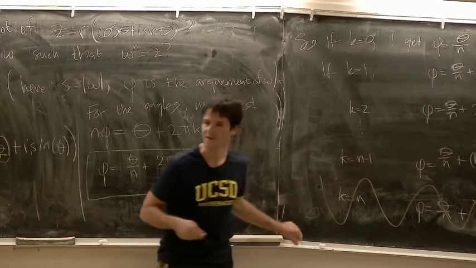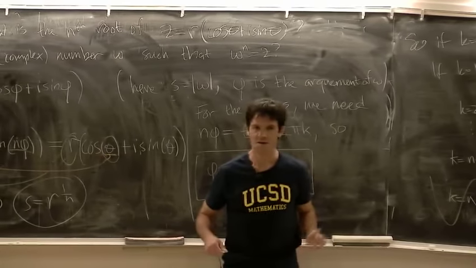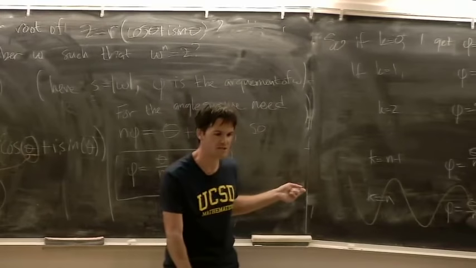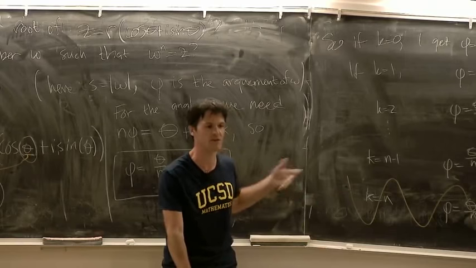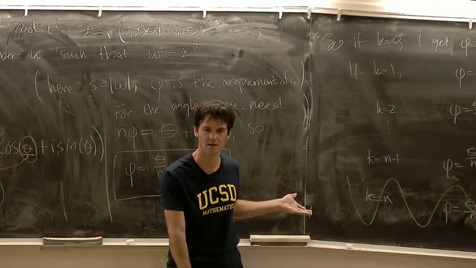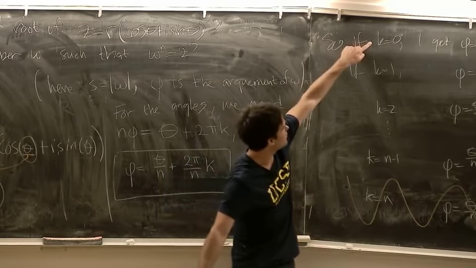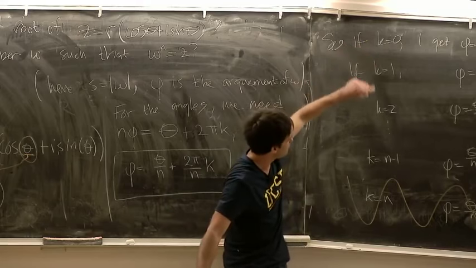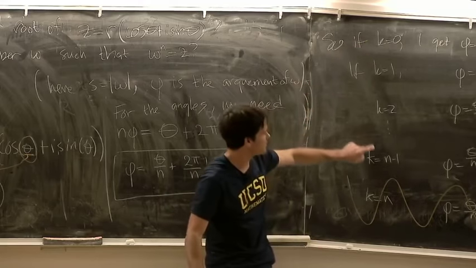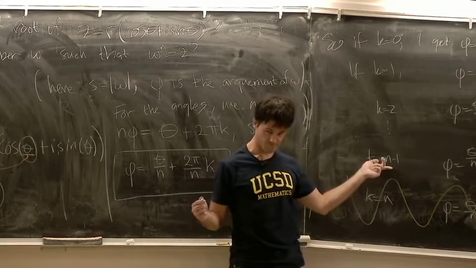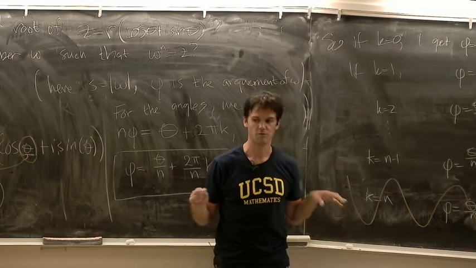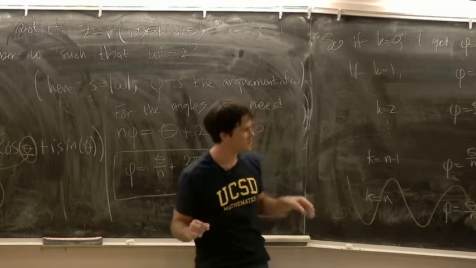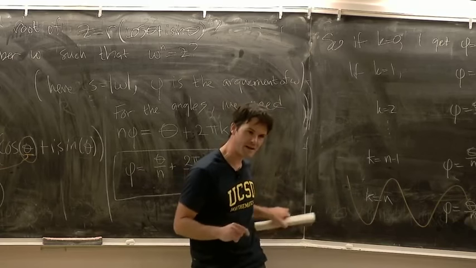The point here is, if anyone was counting, how many different roots did I get? Or how many different angles did I get here? 1, 2, 3, all the way up until n minus 1, starting from 0, that's n different roots. So it should actually kind of make sense.